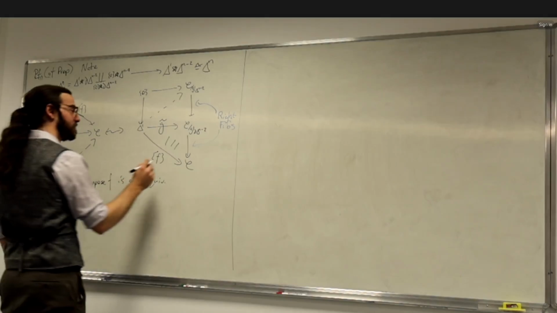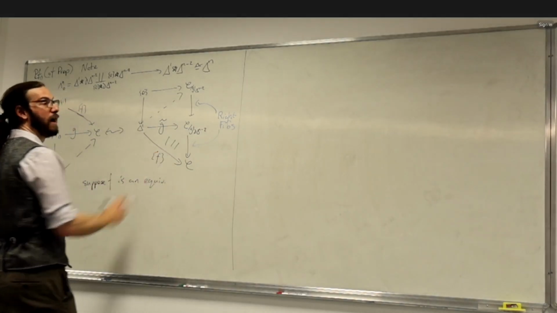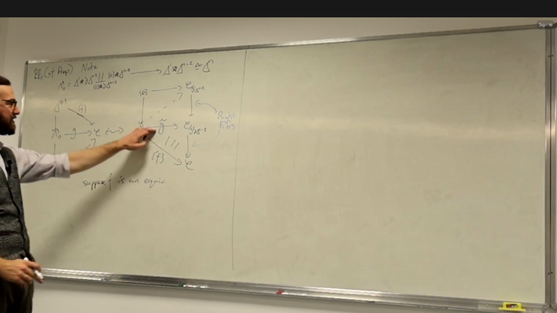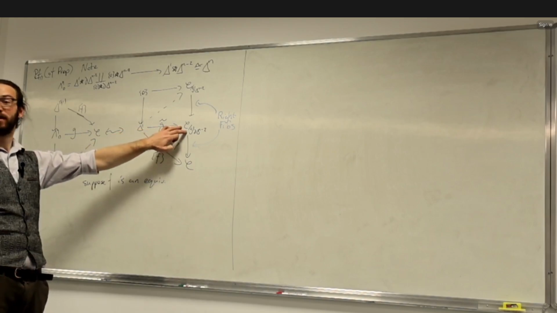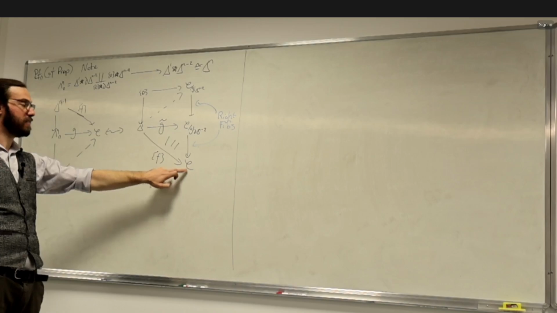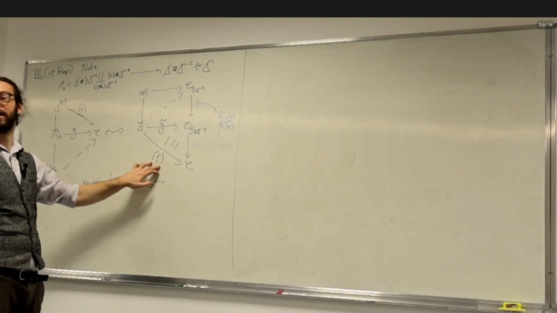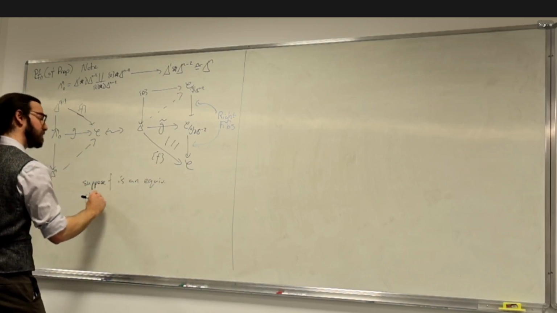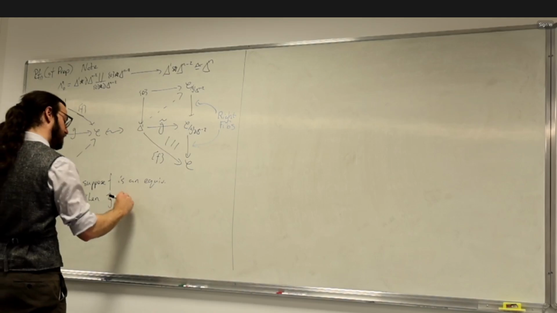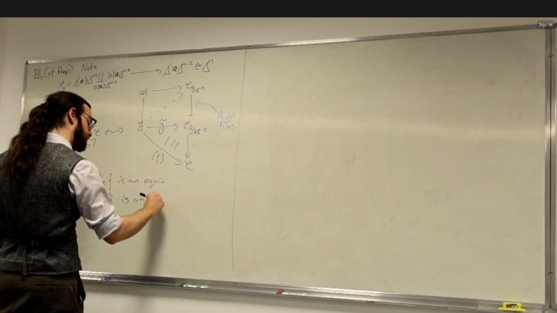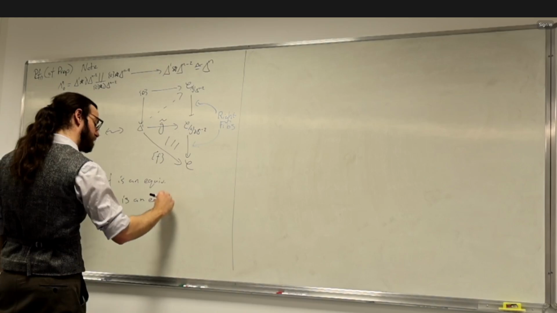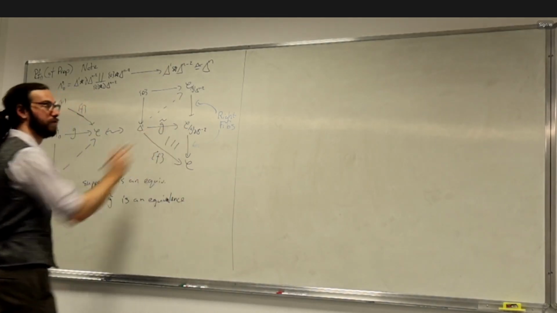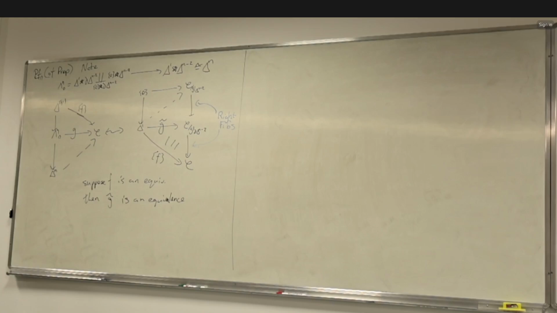Well then, by the fact that this is now a one morphism in this thing that maps down to an equivalence in C, we have an equivalence here.